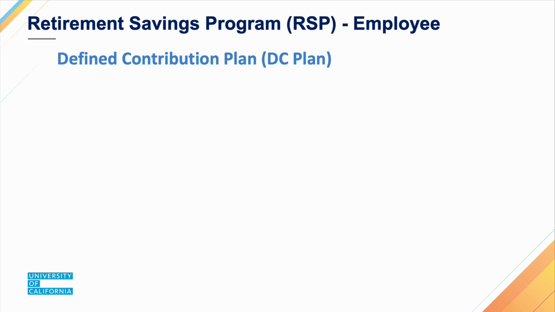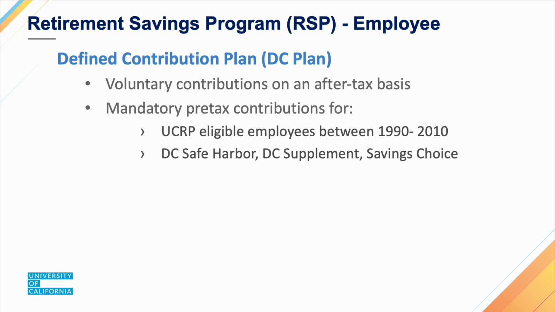Eligible employees can make contributions to the defined contribution plan, which includes a voluntary after-tax component, a mandatory pre-tax component for those individuals who were in UCRP between 1990 and 2010, DCP Safe Harbor, which is for individuals who were employed in positions that were not eligible for UCRP membership, DC Supplement, which is if you are in the Pension Choice program, and DC Savings Choice, so if you contributed to the DC Savings Choice before making a second choice election to move into UCRP.